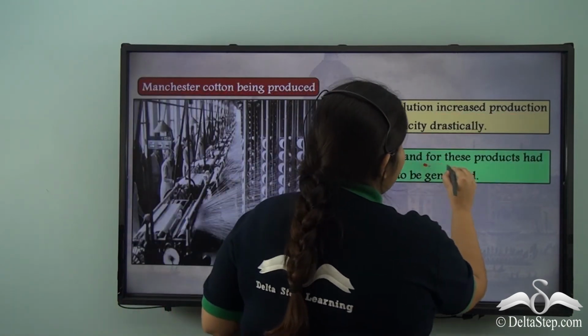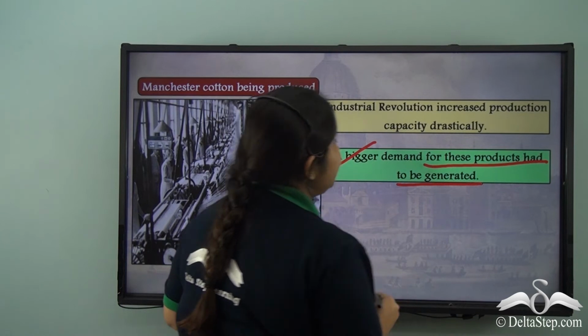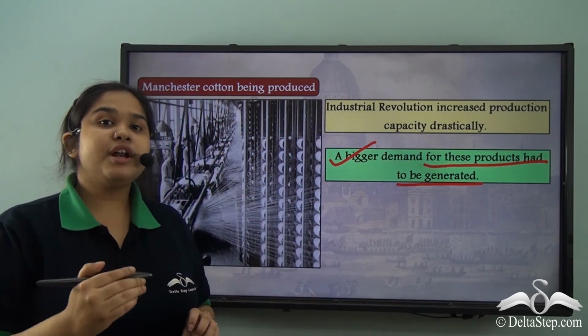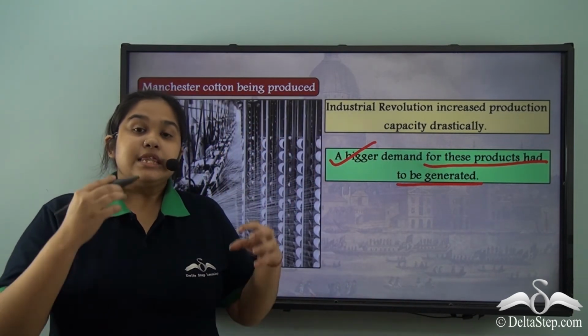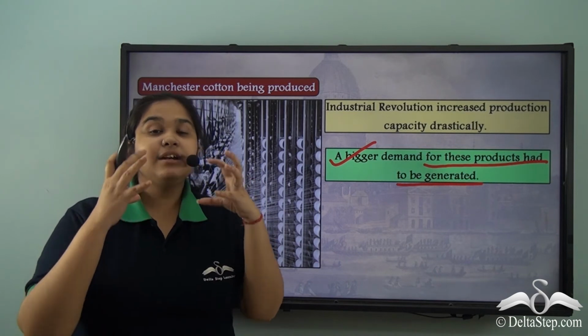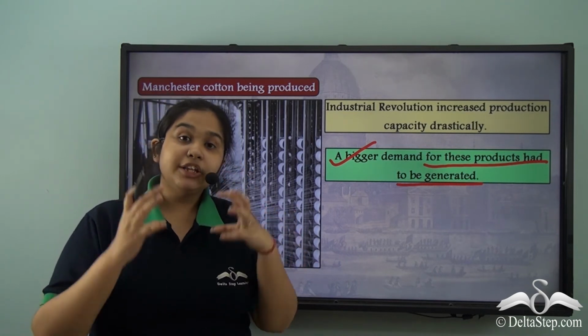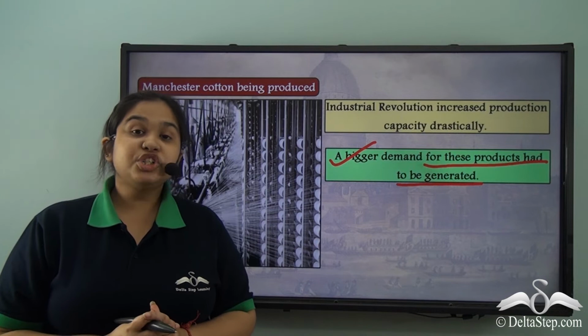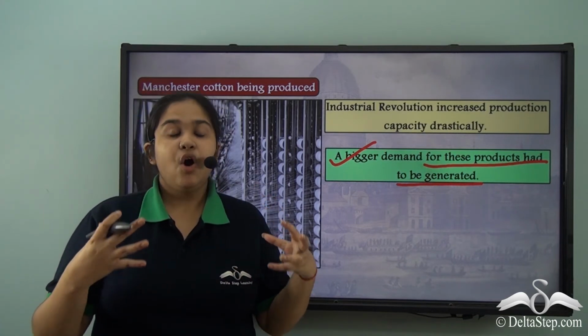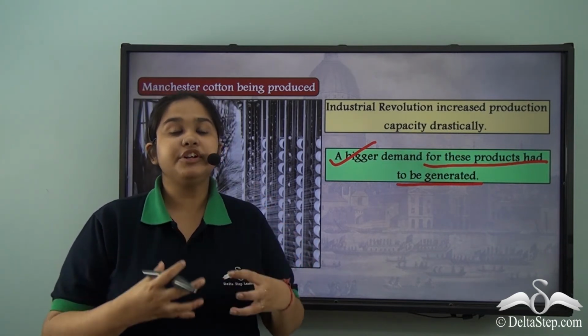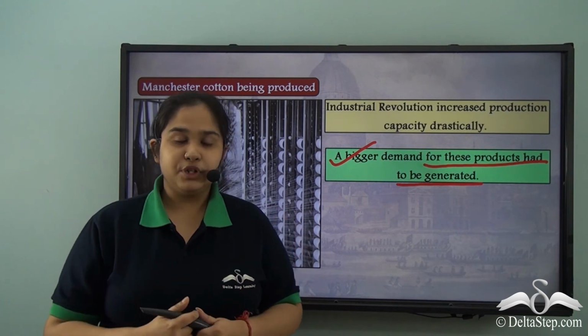A bigger demand for these products had to be generated. Now, which products are we talking about here? The products that Britain and various other European countries, which had faced the waves of the industrial revolution, were creating. These products have to be sold.